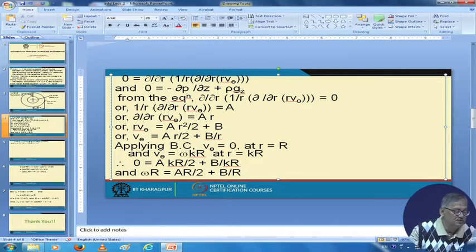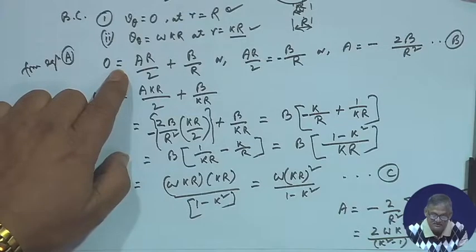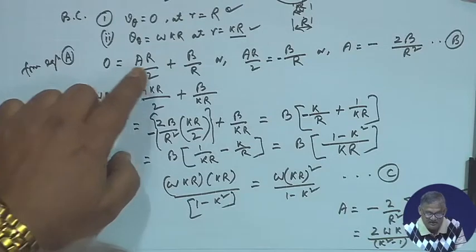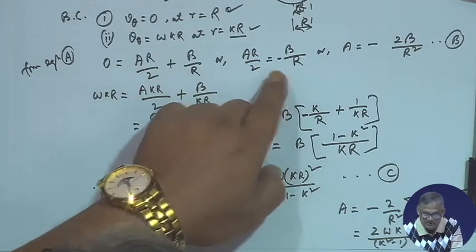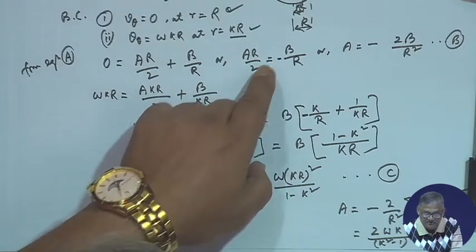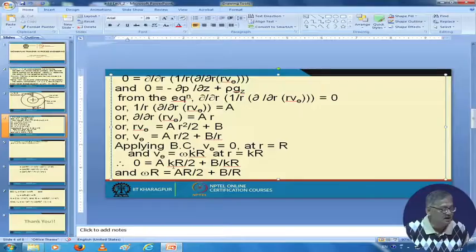Then we can write that in the first case 0 is equal to A R by 2. So A R by 2 is equal to minus B by R.